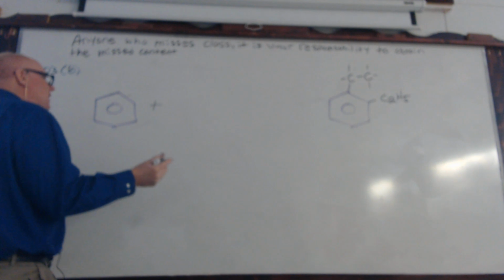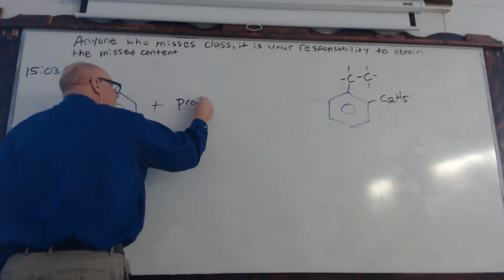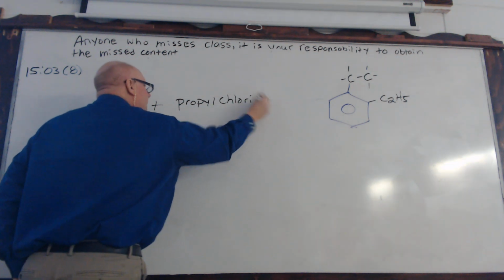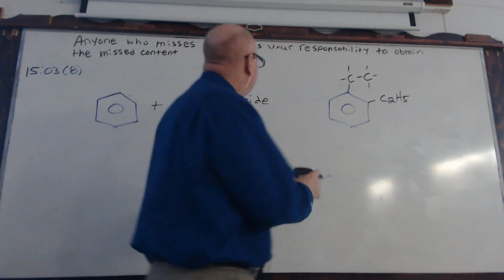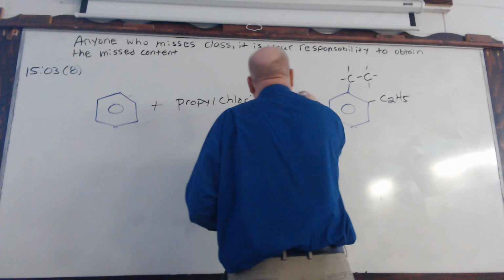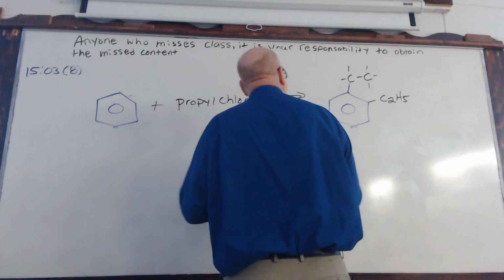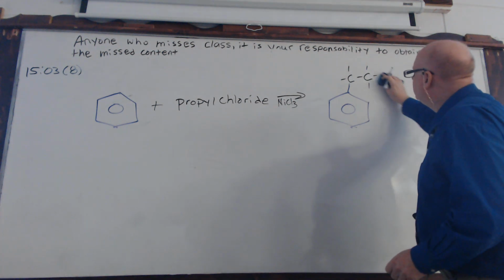Okay, so 16, okay, I believe it says this, right? So what we can presume from this is we probably have to have, I'm just going to put nickel chloride down here. So we know this is going to react.